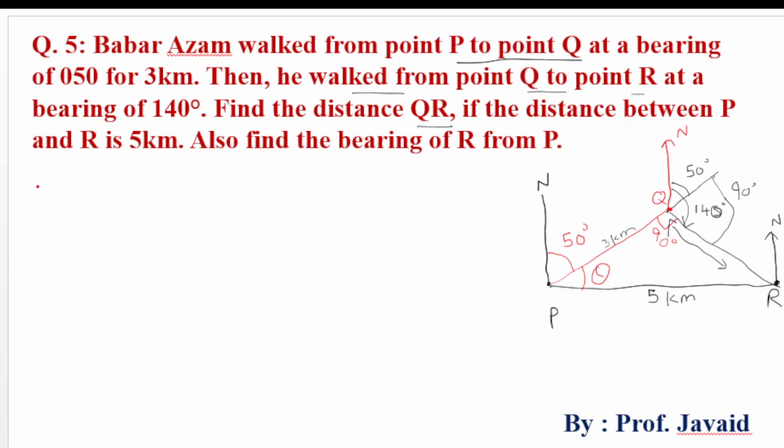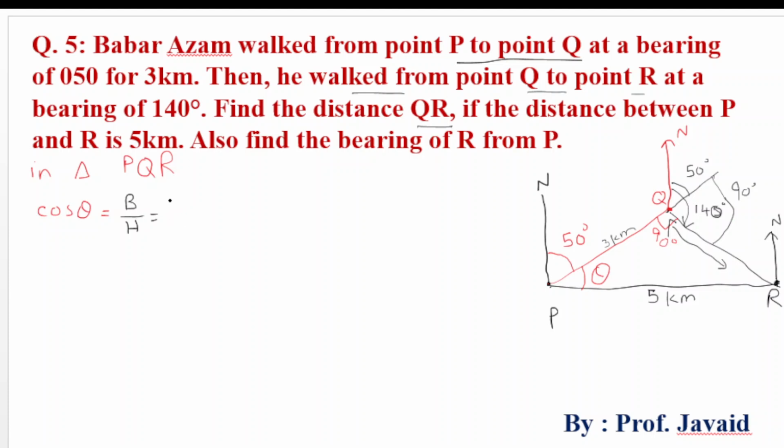So let me write here, in triangle P, Q and R. So cos theta is equal to base over hypotenuse. I'm not writing the whole spelling, you should know this.